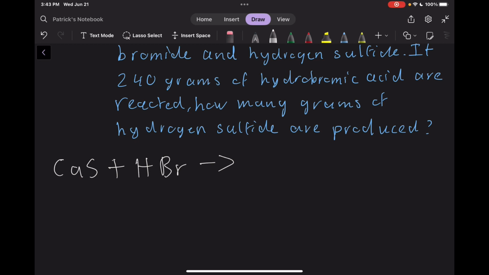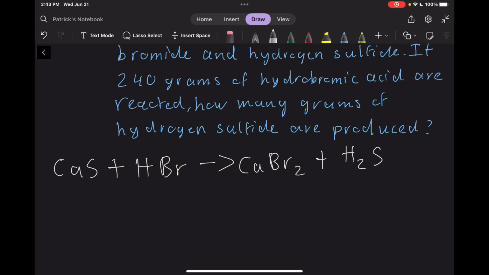Calcium bromide has a formula of CaBr2, and hydrogen sulfide is H2S. Again, if you are at all confused as to how we got these formulas from these names, please go back and watch Unit 2 Video 4 on chemical nomenclature. It'll help a lot. Now to balance this equation.